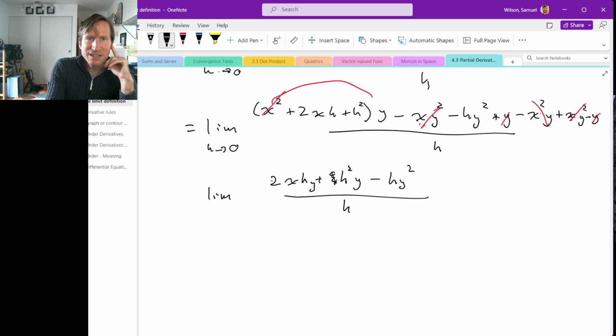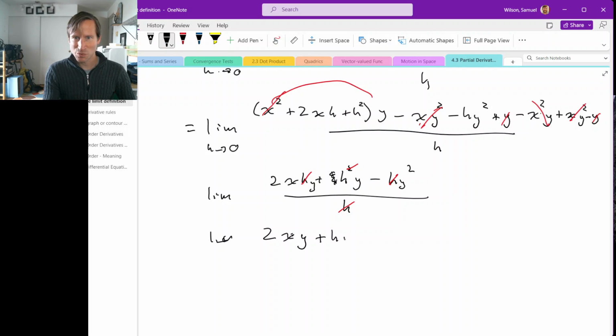Okay, well now we can factor out an h in the numerator and cancel some h's. So this h is gone, one of those h's is gone, this h is gone, that h is gone. So we're taking the limit as h goes to 0 of 2xy plus hy minus y squared.